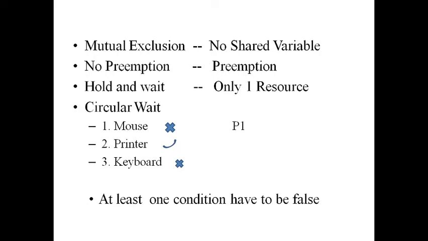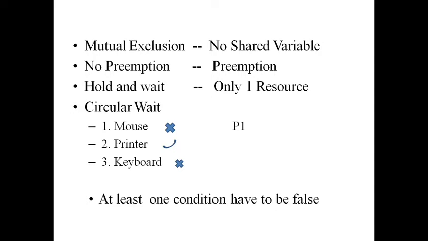If two processes try to take the same resource, then deadlock may occur. In order to prevent such deadlocks, we make the no preemption condition itself false.